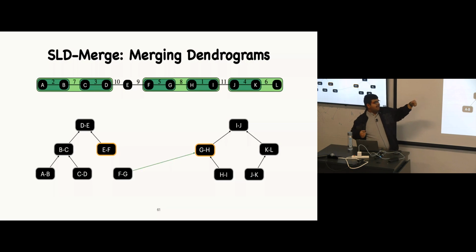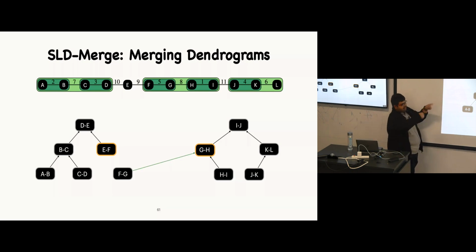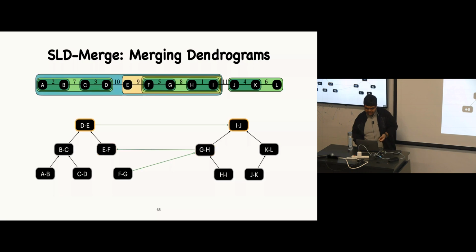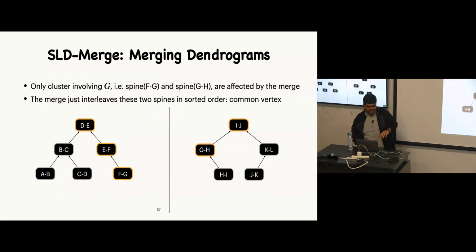The idea here is all of these clusterings involve vertex G, right? Since they are merges involving a particular vertex, they all have to happen one after the other, right? So in a sense, we are taking these two spines and interleaving them now. Right? Is that intuition clear?